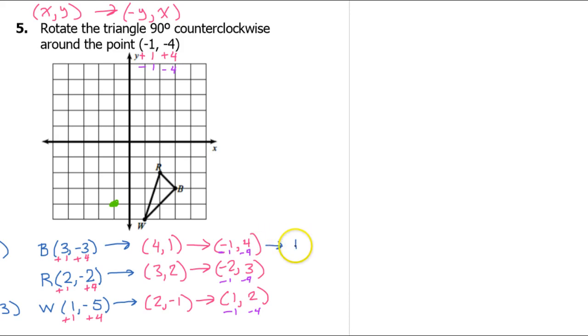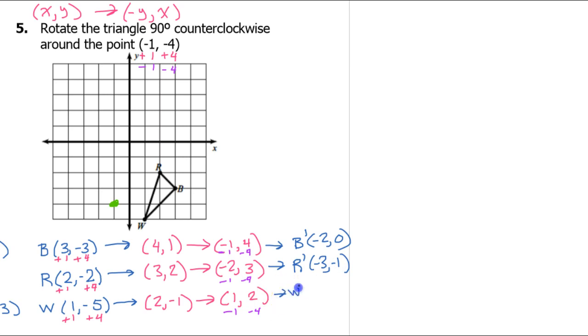Okay, so now I can go ahead and call this B prime because this will be the actual image. Negative 1 minus 1, so that's going to be negative 2. 4 minus 4, that's 0. Okay, R prime. Negative 2 minus 1, that's negative 3. 3 minus 4, that's negative 1.